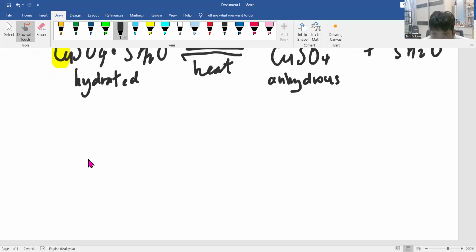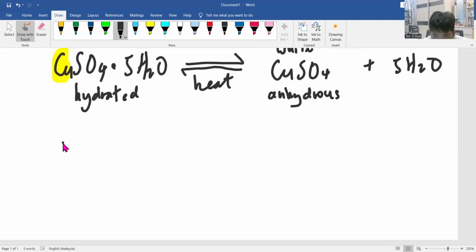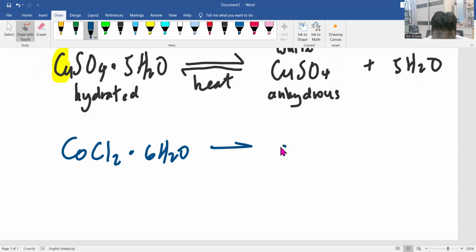Now, another one that can do that is cobalt chloride, hydrated also. This one is 6 water. Okay, this one is the hydrated salt.